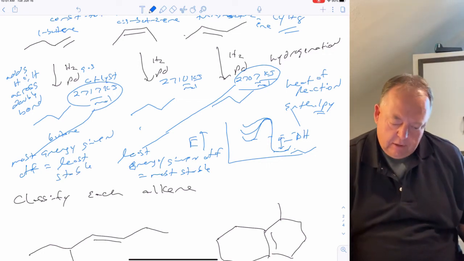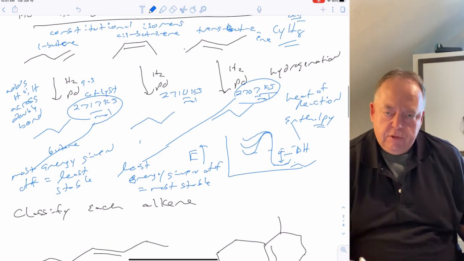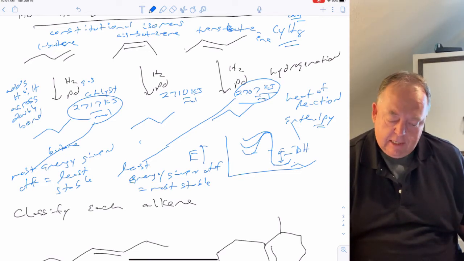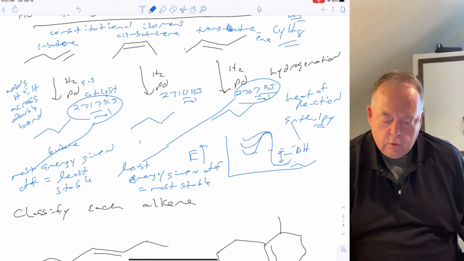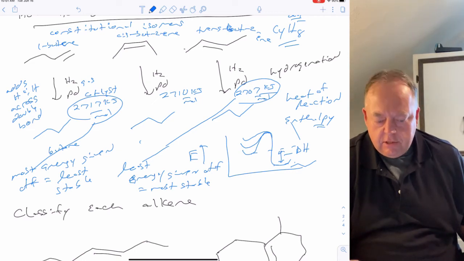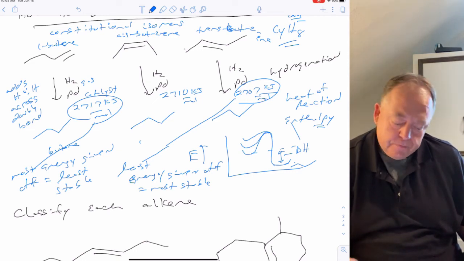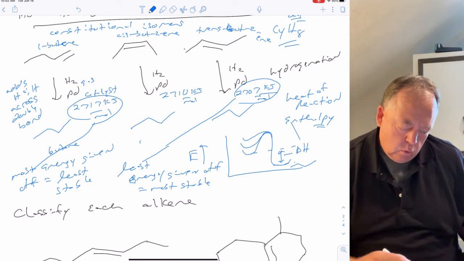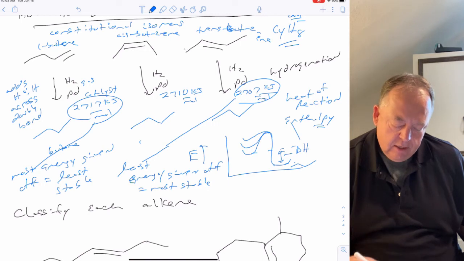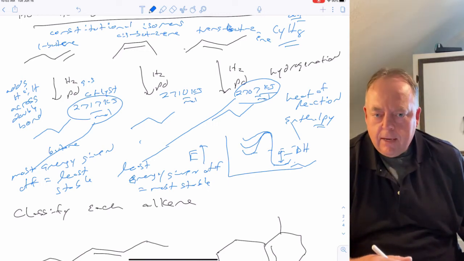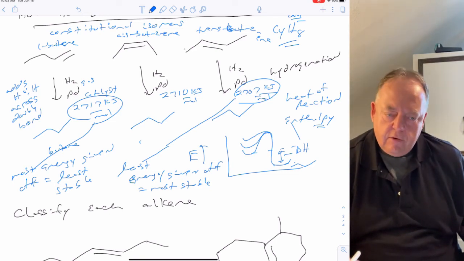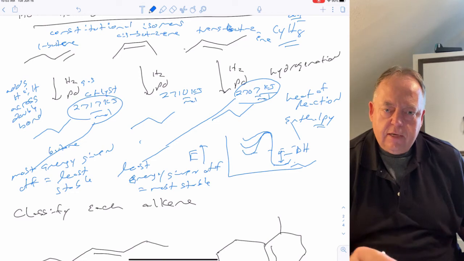What this illustrates is the trans-2-butene is disubstituted, and the cis-2-butene is disubstituted, but one is trans, one is cis, so the trans gives off less energy than the cis, so the trans is more stable. And the 2-butenes are disubstituted, whereas the 1-butene is monosubstituted, so the 2 disubstituted alkenes give off less energy than the monosubstituted alkene, so disubstituted alkenes are therefore more stable than monosubstituted alkenes.